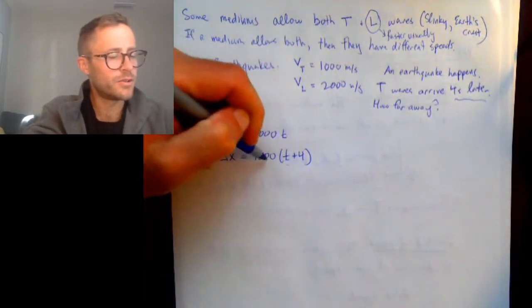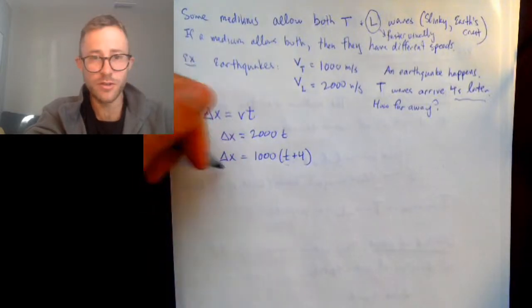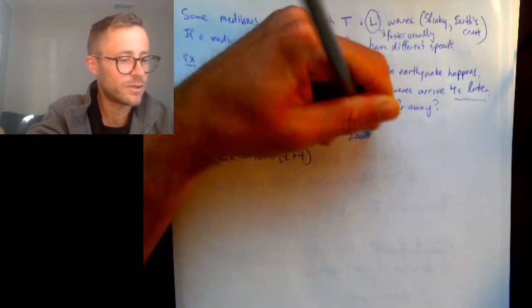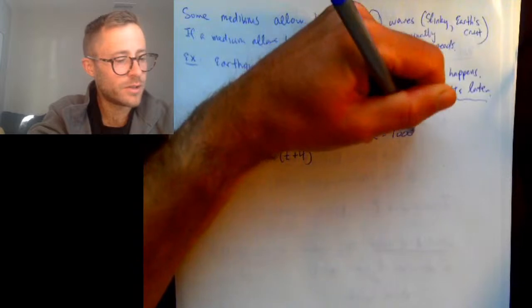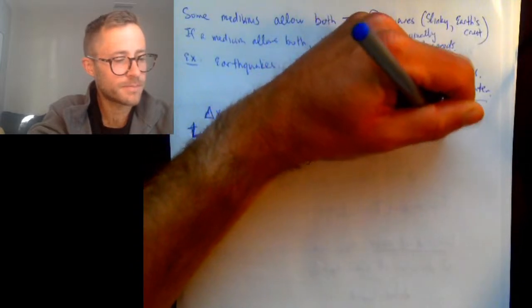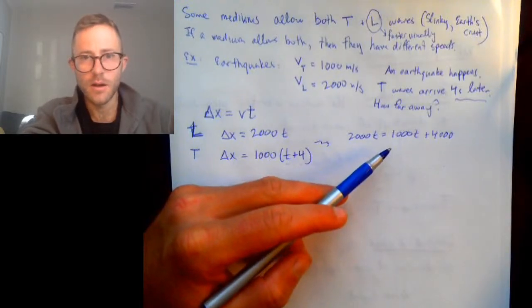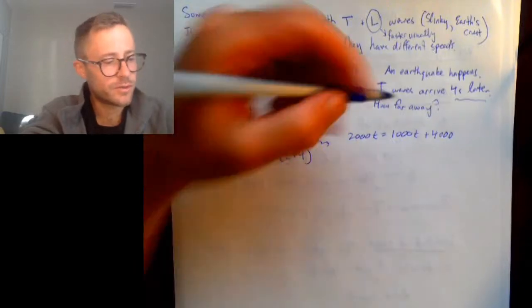Now what I'm going to do is set the two delta x's equal to each other. So I have 2,000 t equals 1,000 t plus 4,000. Then I can take the 1,000 t and subtract it.